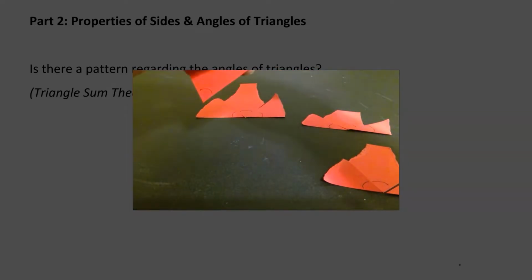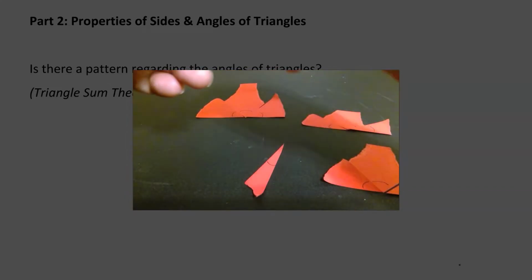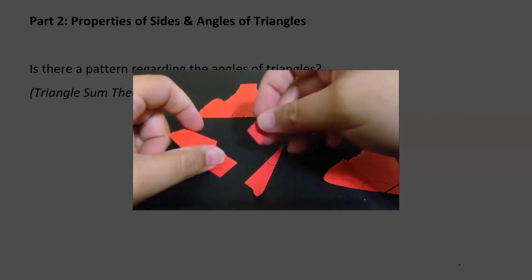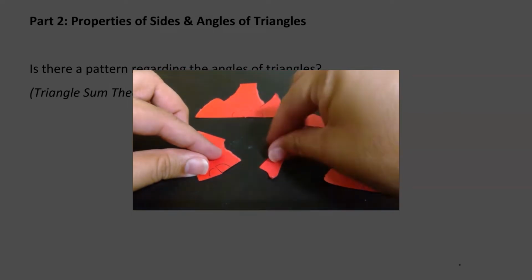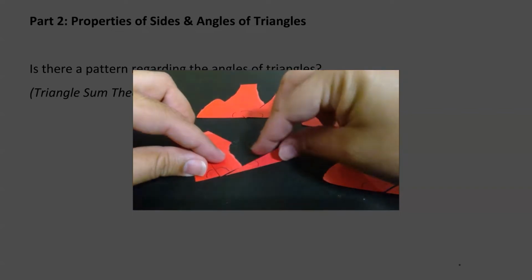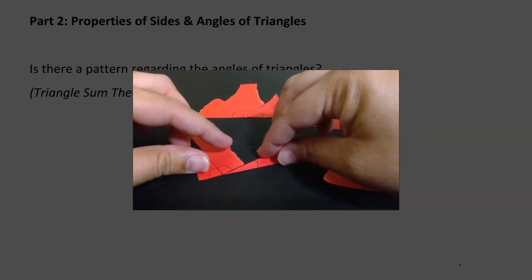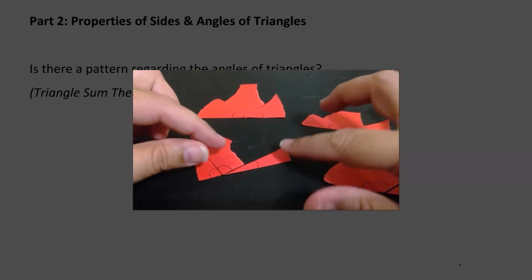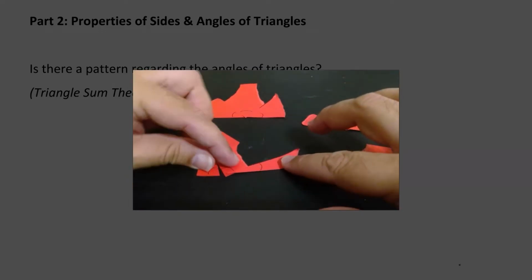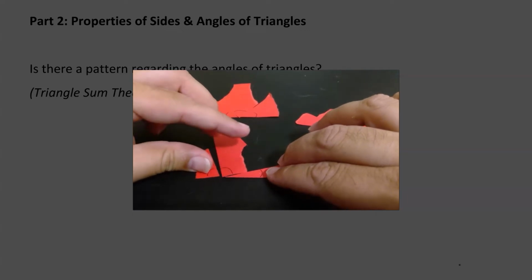Maybe it'll only be certain types of triangles. But let's see. Ripped off his arms. And I don't know. Wonder what's going to happen. And sure enough, it does also make a straight angle. So let me orient it here.